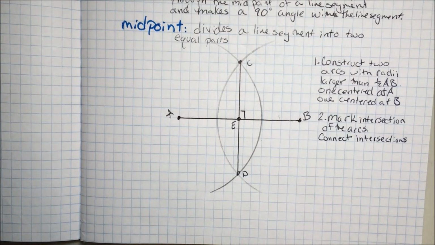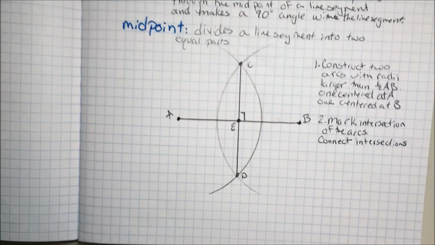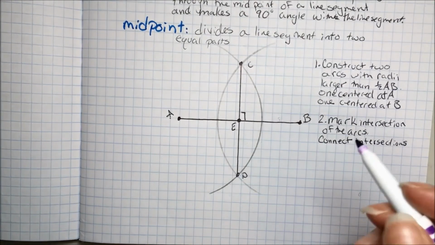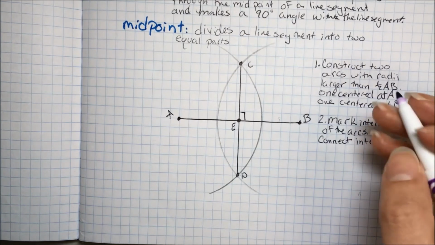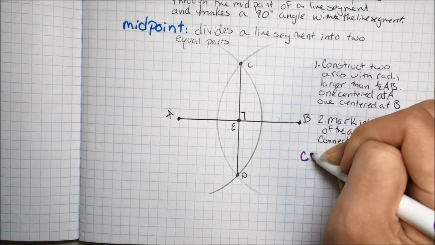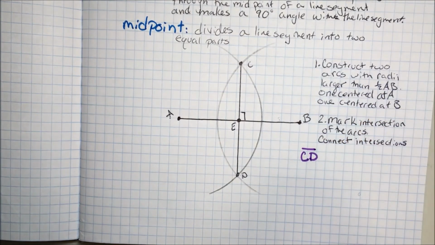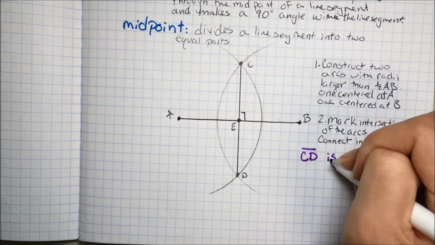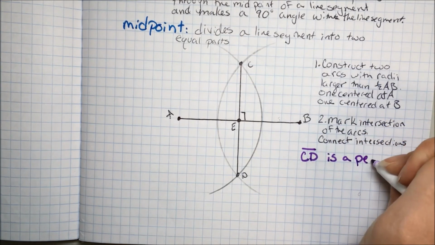Okay, so here are some important points. I'm going to use purple because my red marker is currently not next to me, but you can use purple or red. So CD is a perpendicular bisector.